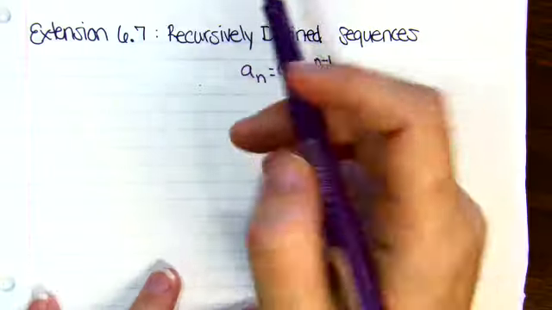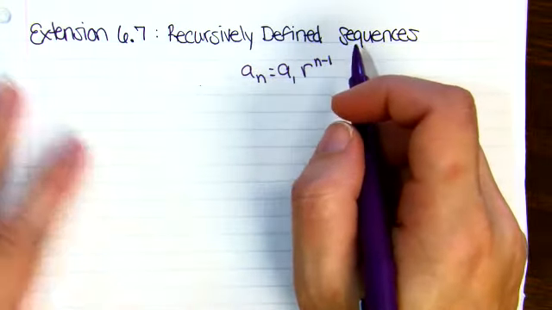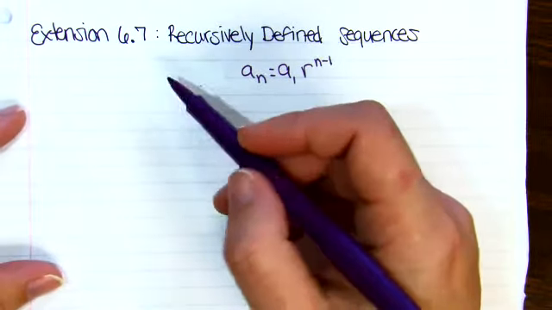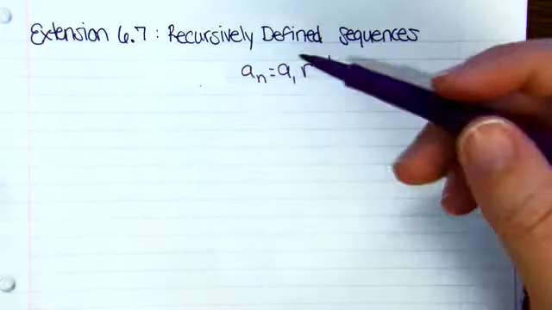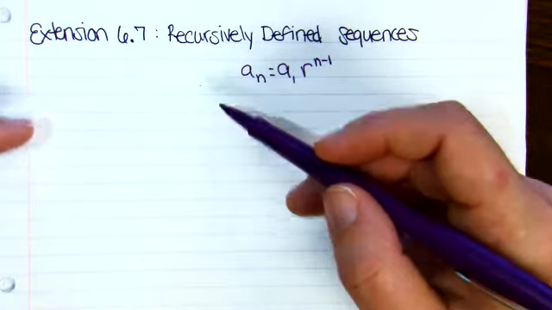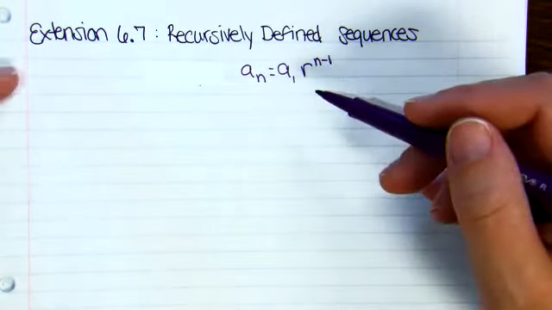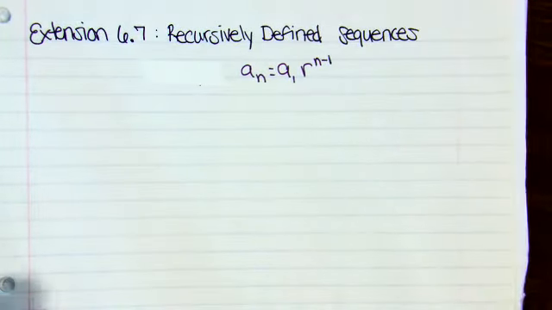The way that recursively defined sequences work, we're going to be given the first couple terms of a sequence, and an equation that tells us how to get the next term based on the term before.